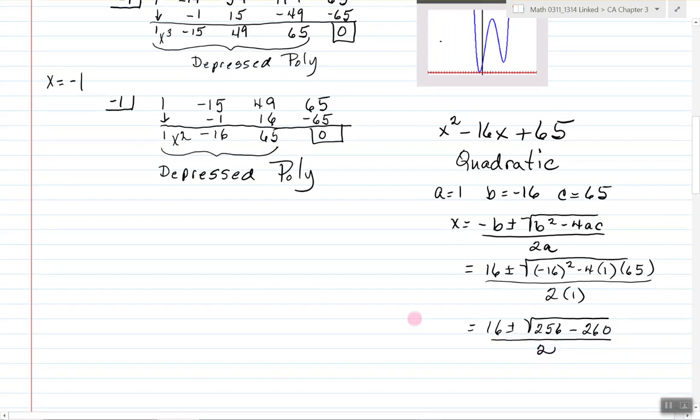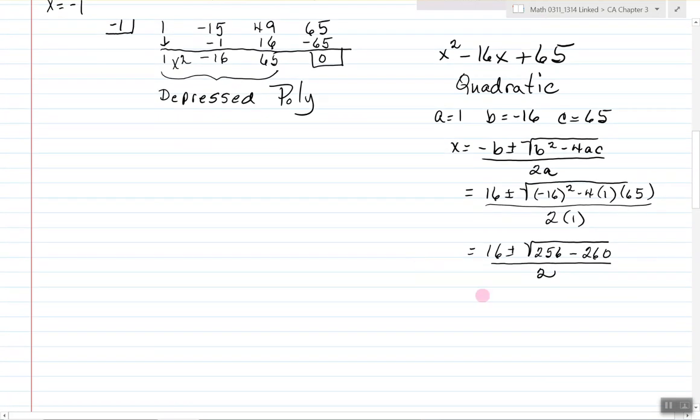Over 2. All right, so I have 16 plus or minus the square root of negative 4 over 2, but simplifying that, the square root of negative 4 is 2i.